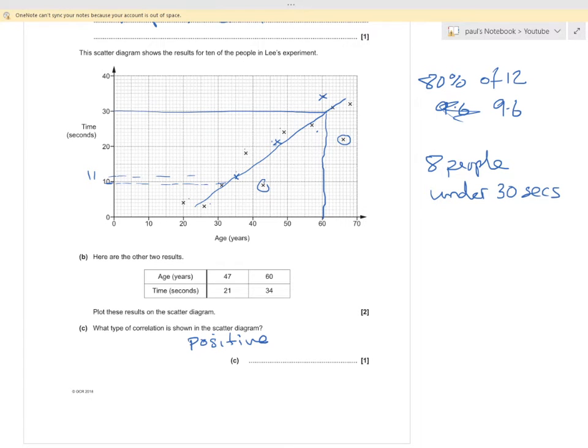The 9, 10, 11, oh, the 12 were. Oh, hang on. No. 1, 2, 3, 4, 5, 6, 7, 8, 9, 10. 10 people were under 30 seconds. And that is more than 9.6, so it's yes.